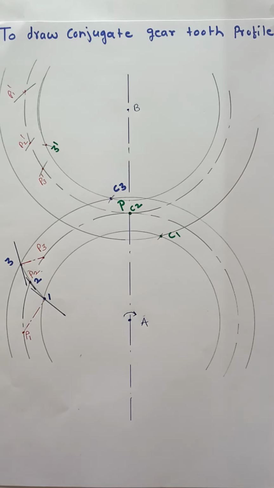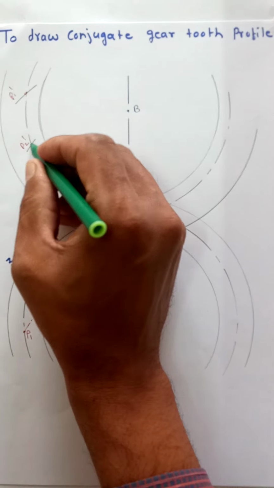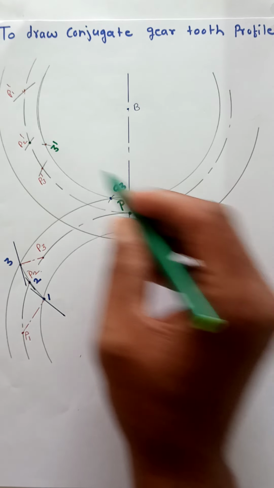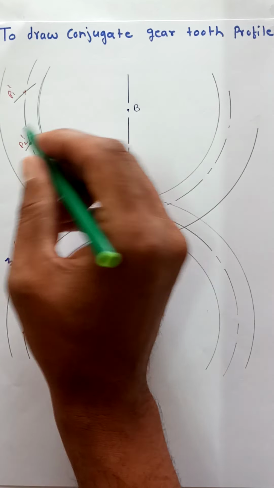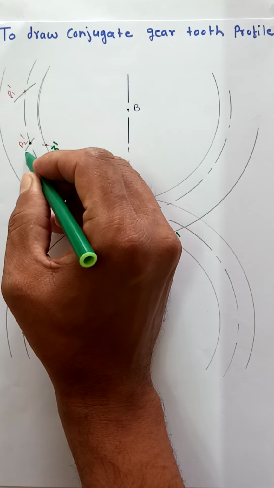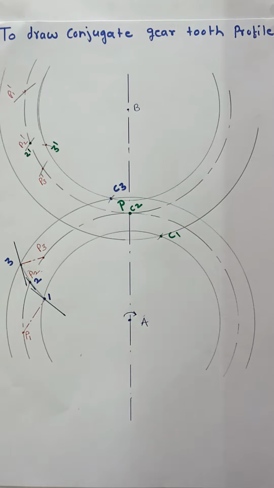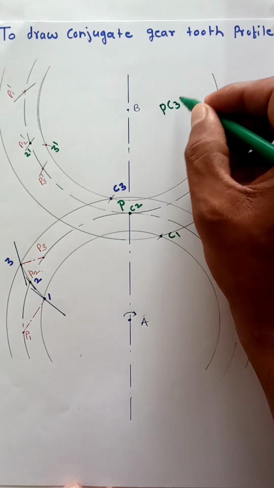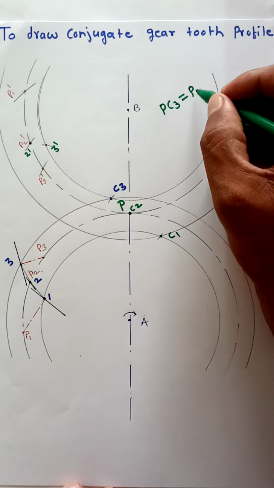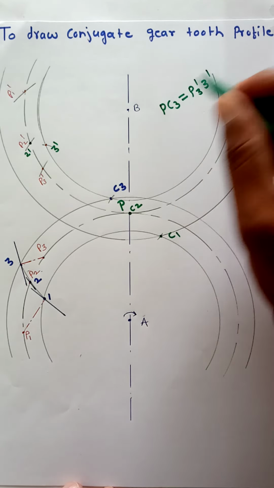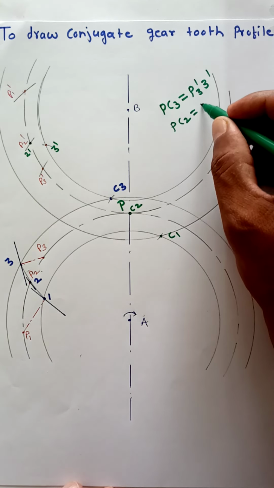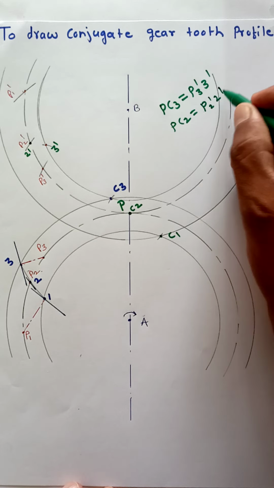Now 2 dash will be here itself, because the distance PC2 is 0, so P2 dash 2 dash will be 0. So here will be point 2 dash. What we are doing: PC3 is equal to P3 dash 3 dash. PC2 is equal to P2 dash 2 dash.